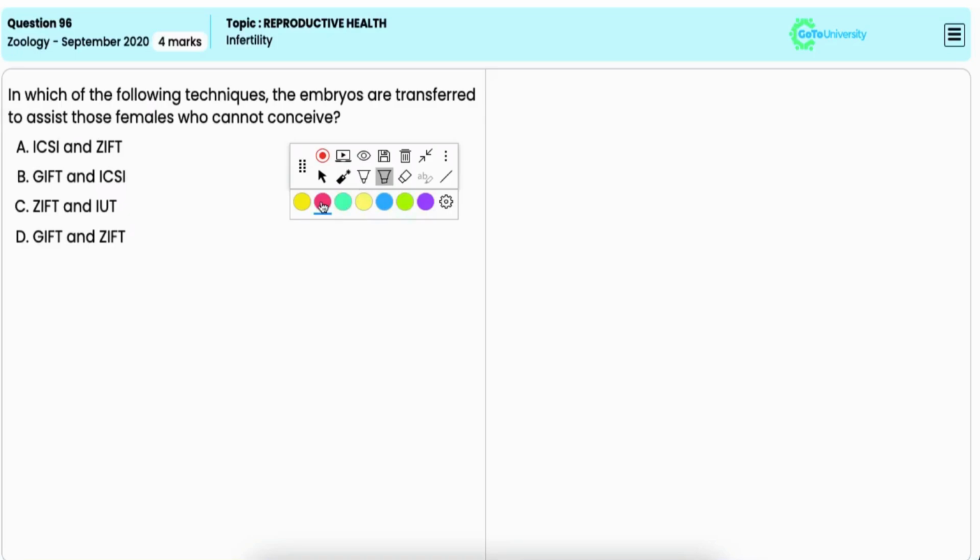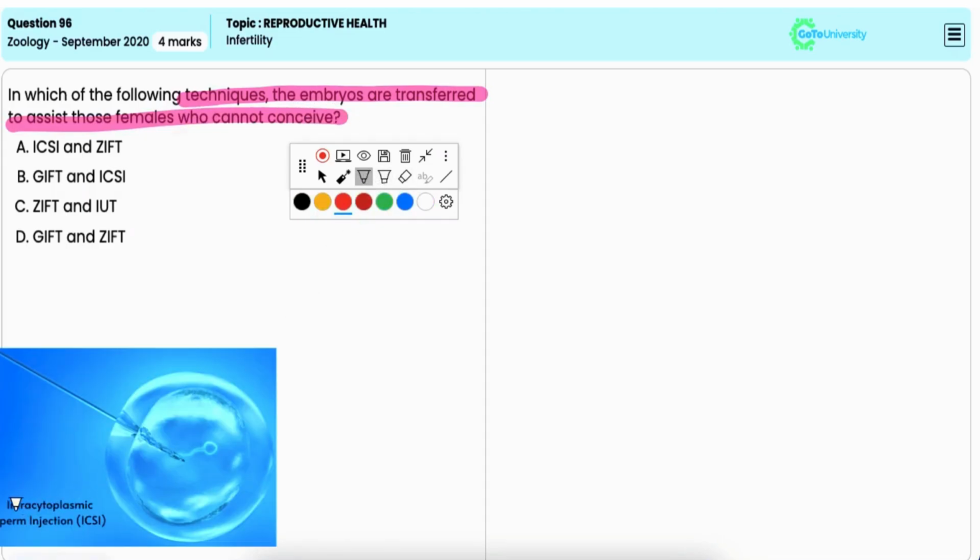In this question, you have to identify the technique by which embryos are transferred to assist those females who cannot conceive. Option A, ICSI and ZIFT. Now, intracytoplasmic sperm injection, that is ICSI, involves directly injecting sperm into an egg, and it is used for fertilization but not transferring embryos to females who cannot conceive.